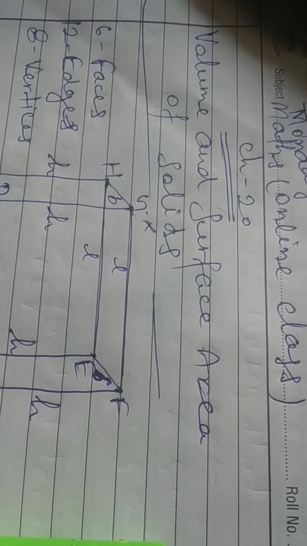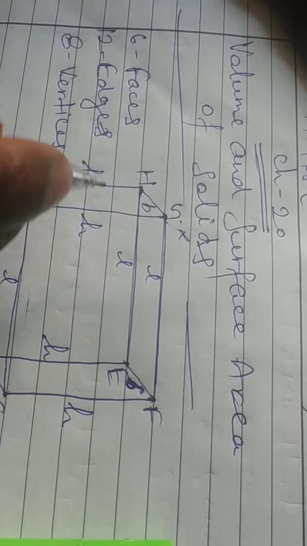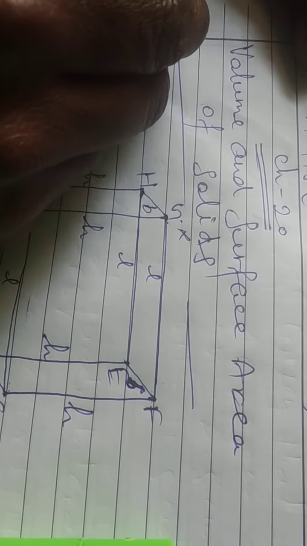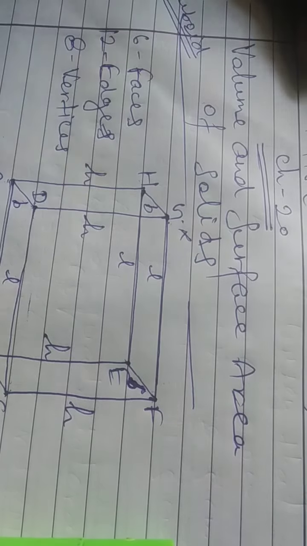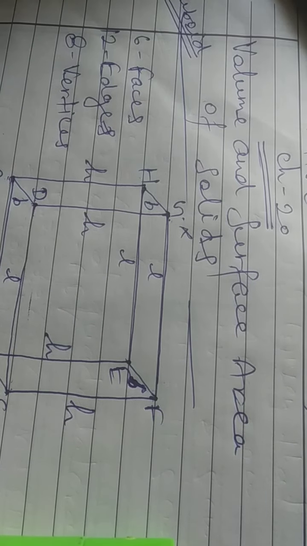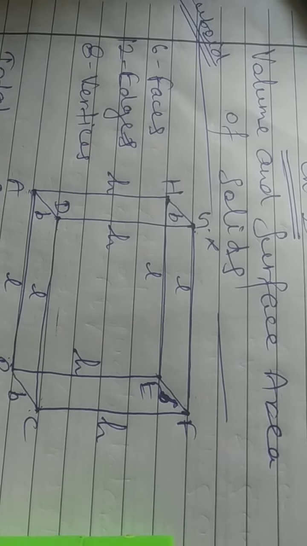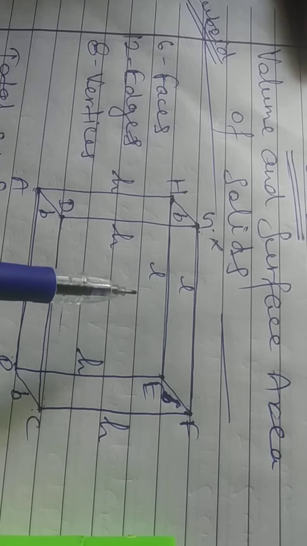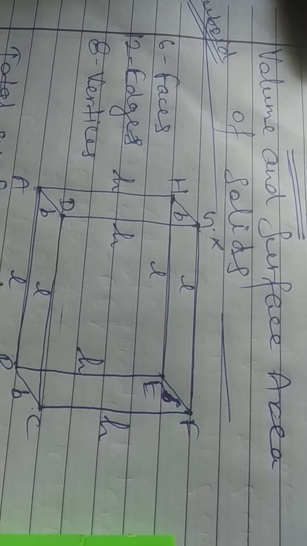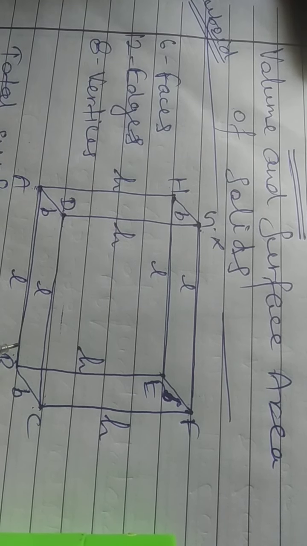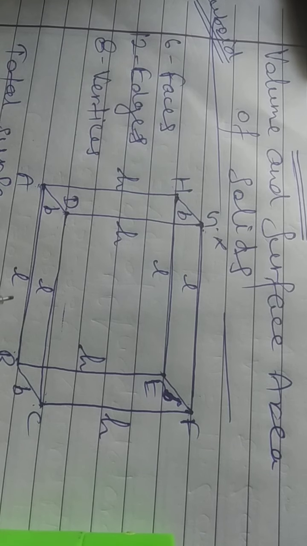This is your cuboid. In this figure we can see the 2D representation of a cuboid, in which we can see that there are 6 faces, and all the faces are rectangular.